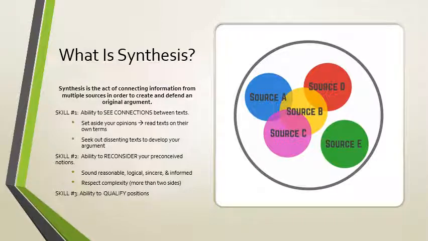The final skill that you're going to need is the ability to qualify your positions, which means that once you've seen the connections and once you have gone through the process of reconsidering, depending on what you've found, then the act of qualifying is making sure that you're not seeing an argument as black and white or zero sum, but that almost always you're going to need to find some kind of middle ground between positions.